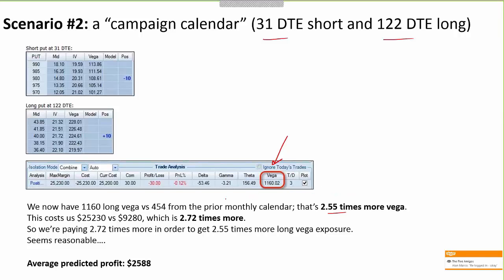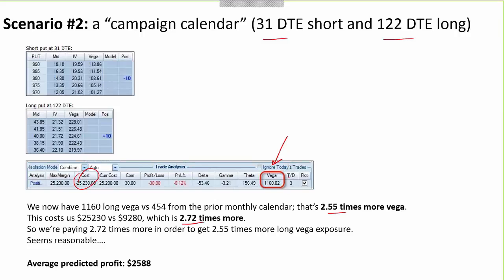You might ask, is this a smart purchase? My Vega is increasing by 2.5 times, but what's my cost? Well, my cost is 2.7 times more than the other calendar. So that's not too bad, it's roughly equivalent. I'm willing to pay more in order to increase the size of my bet on volatility going up, because I think the market's going to crash and IV is going to go up, and therefore I want to cash in on it.